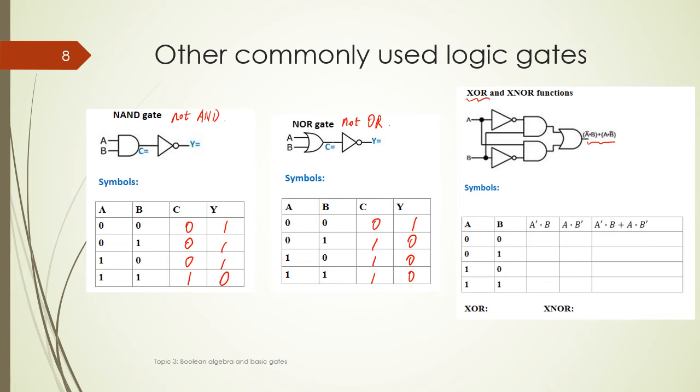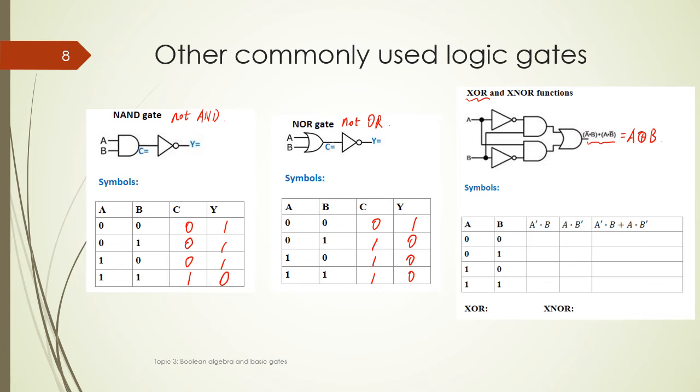And we have a special operator to represent the XOR. So we put it as A, we'll read that A XOR B. But in nature, it can also be written using AND, OR, and NOT functions.